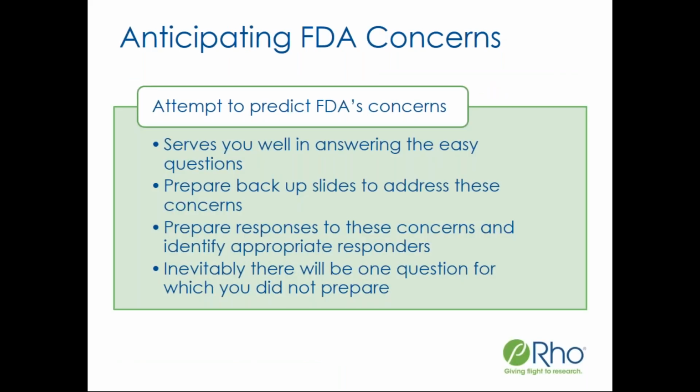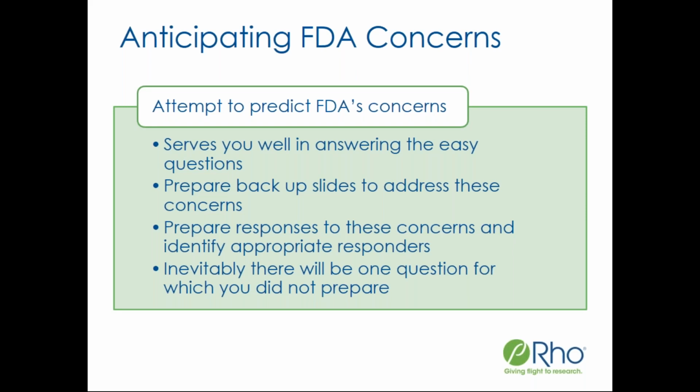Part of the activity involved in finalizing your briefing document, finalizing your meeting request, and the questions that you want to pose to FDA is anticipating FDA's concerns for your development program. So as you go through and think about what FDA has recommended in your development program to date and where you are with respect to the data and informing your phase 3 program, think about FDA's concerns.